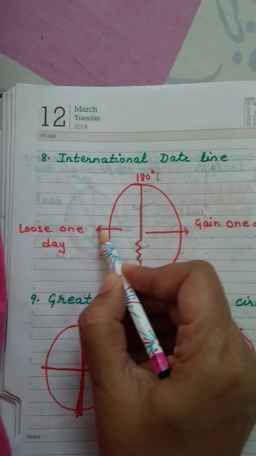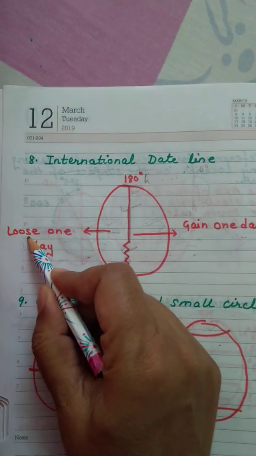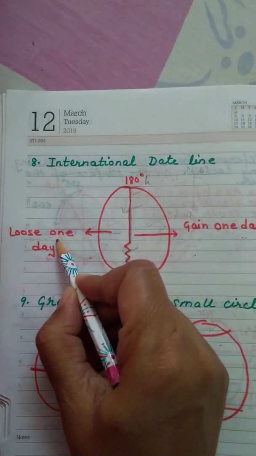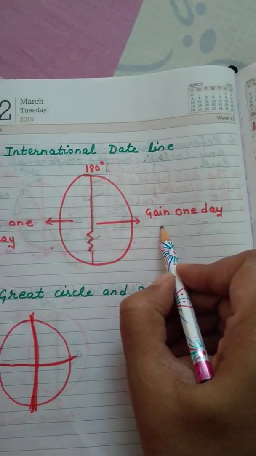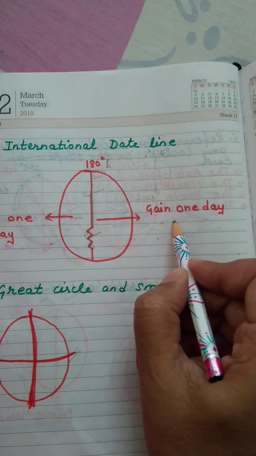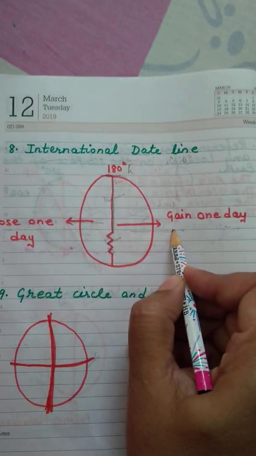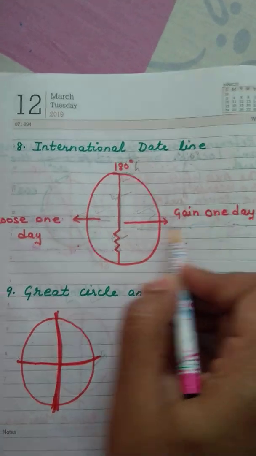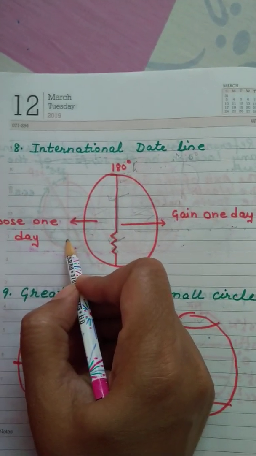If we move toward the west side of the international date line, there will be 1 day less. If we move toward the east side of the international date line, we will get 1 day advance. So toward the east, day will be ahead. Toward the west, day will be lagging behind.